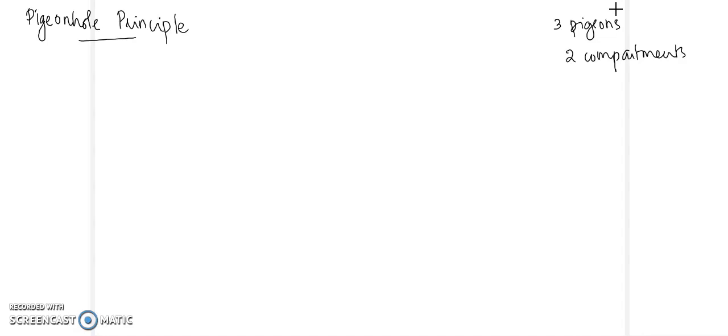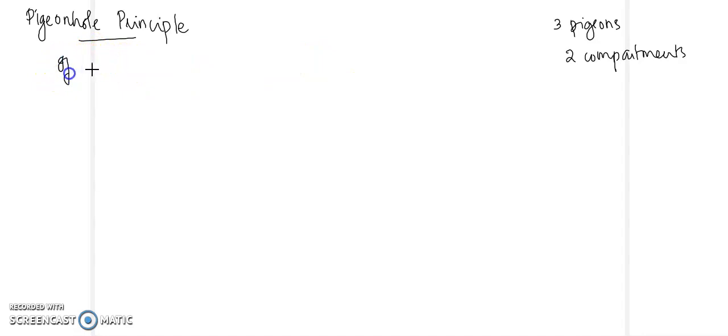So if we have n+1 objects and n boxes, there will be a box which contains at least 2 objects. That is the simplest idea of the pigeonhole principle.